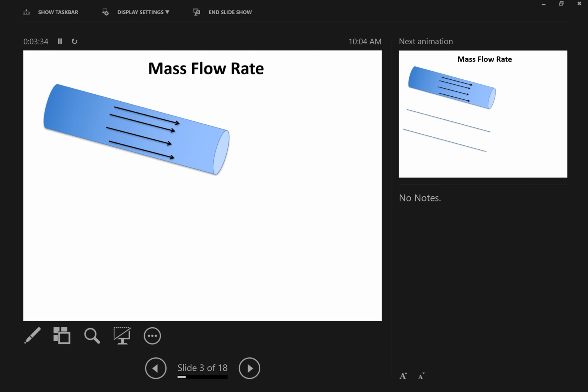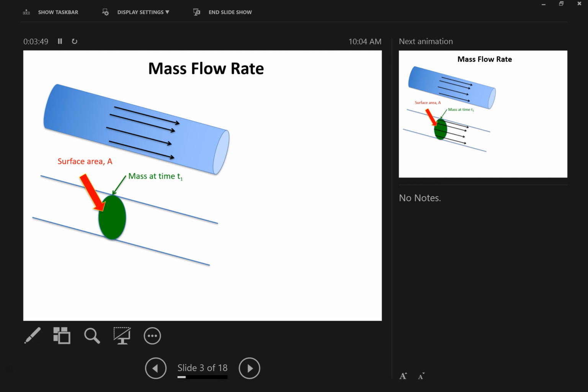So where does this mass flow rate come from? Well, if we take a pipe flow and we take a section, this green section, we know it has a surface area, and it has some amount of water or mass at a time t1. What's going to happen to this green section over time?